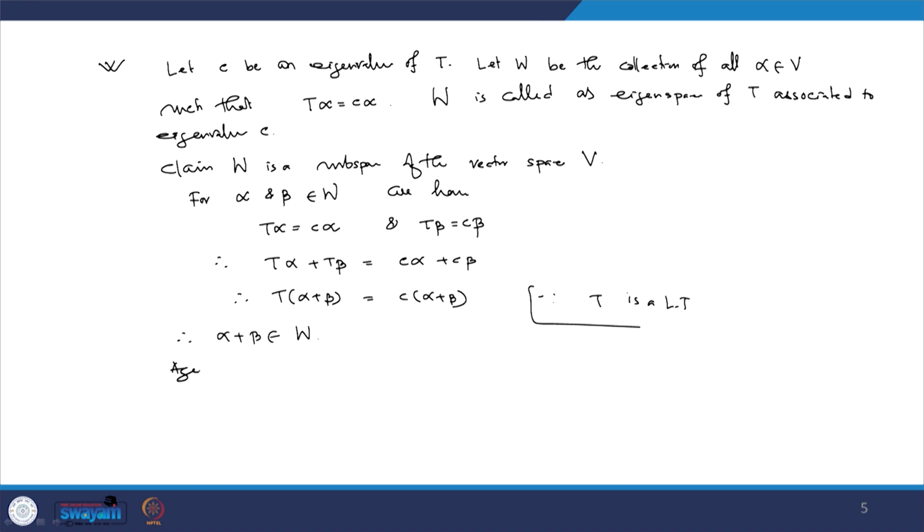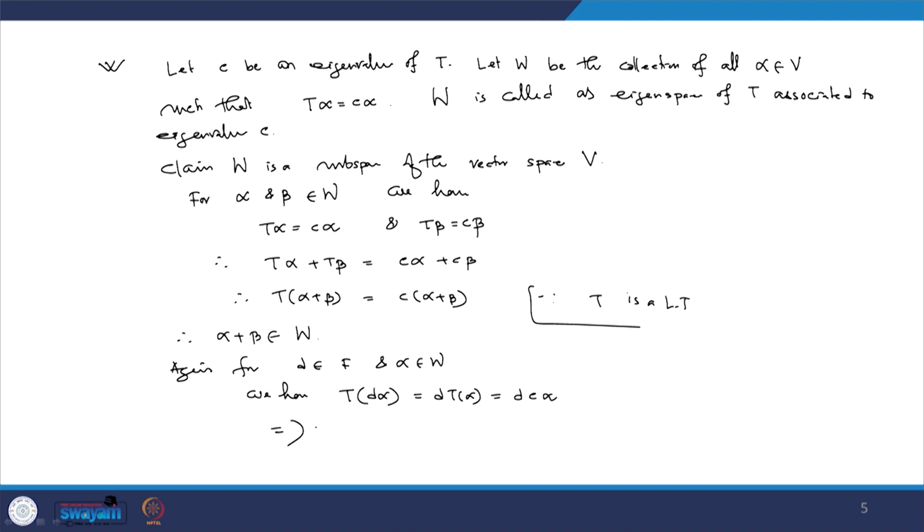Again, for any D belonging to the field F and alpha belonging to W, I have to show that D alpha also belongs to W. We have T of D alpha equal to D times T of alpha, which is equal to D times C alpha.